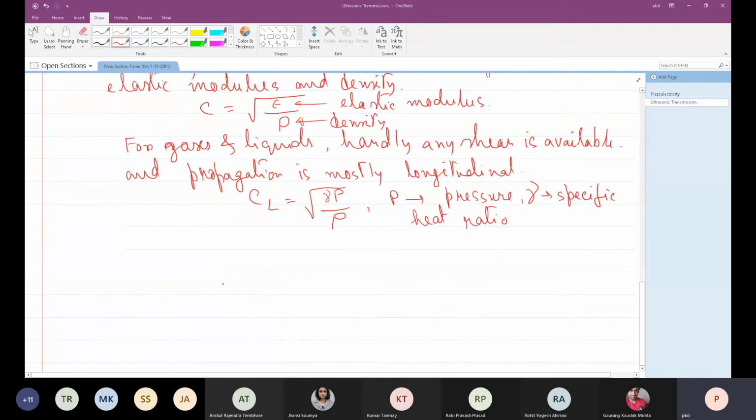Thermodynamic equations also play an important role in sound wave, or in general this kind of mechanical wave propagation, which of course needs to be studied for detailed wave propagation characterization.